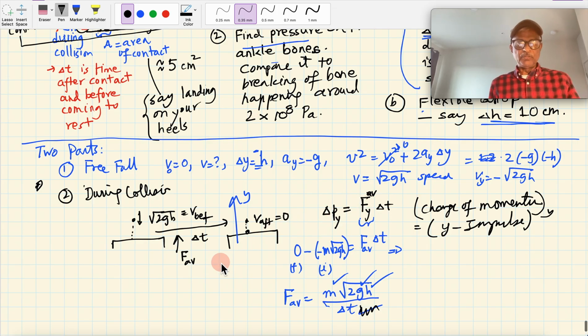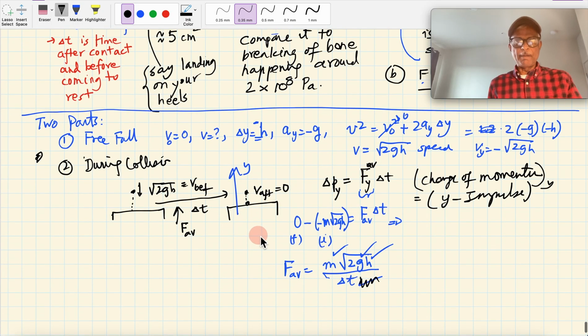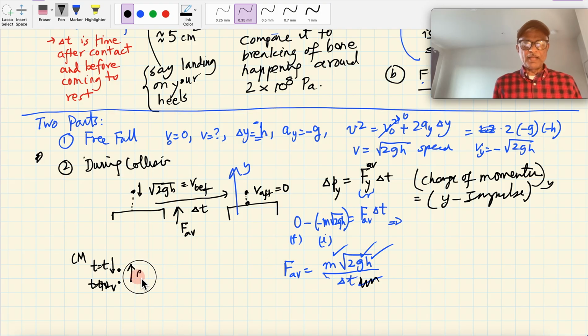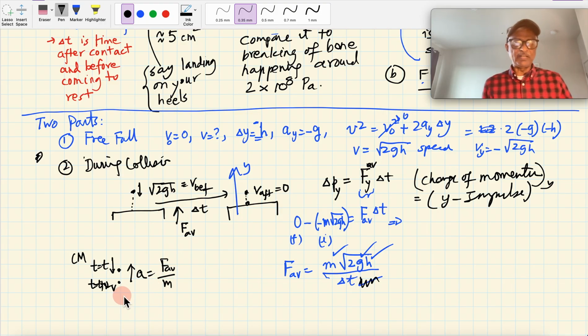Between this time and this time, this is the cm at t equals t, and at t equals t plus delta t. The velocity is this way and then velocity is 0, and the acceleration is that way. Acceleration is F average over m.